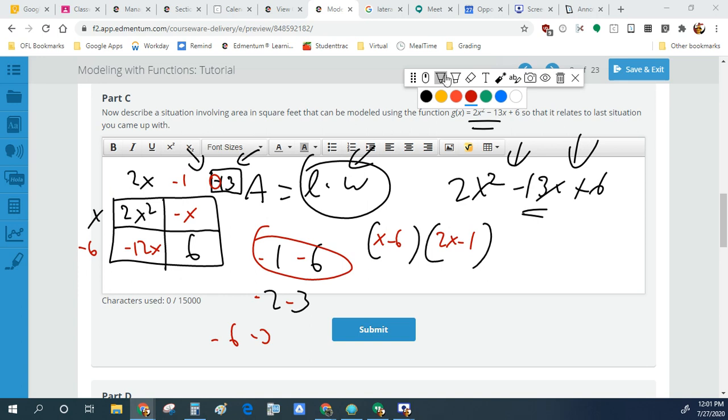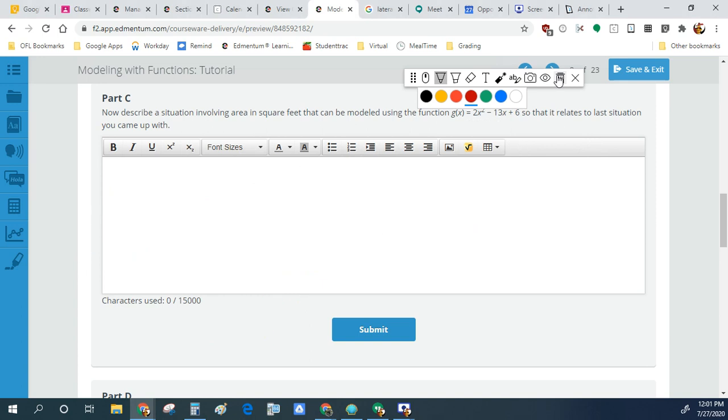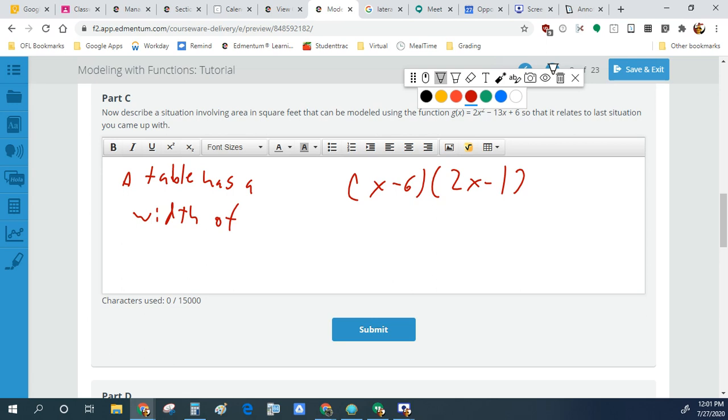Cool. So here we're left with x minus 6, and then it was 2x minus 1. So what we're going to say here, we're going to come up with a story. We're going to say a table has a width of, so we're going to say length times width, right?